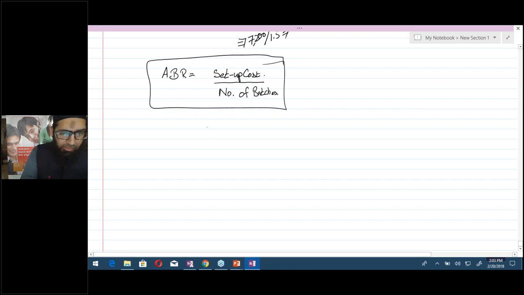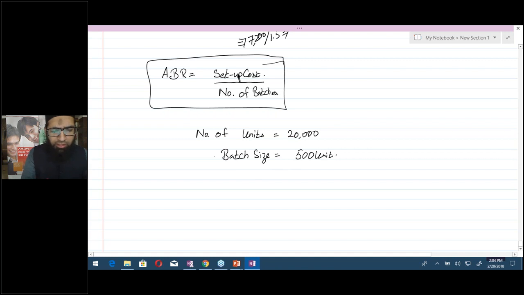In some examples, you have been told the number of units. Suppose it is 20,000. And you have also been told the batch size. Suppose it is 500 units. It is important to note that this is the batch size, not the number of batches.